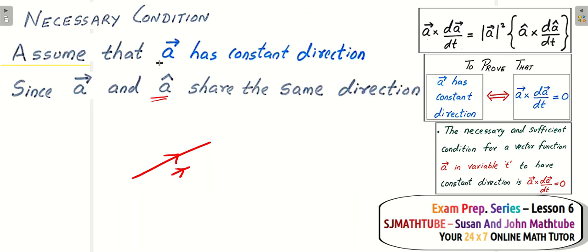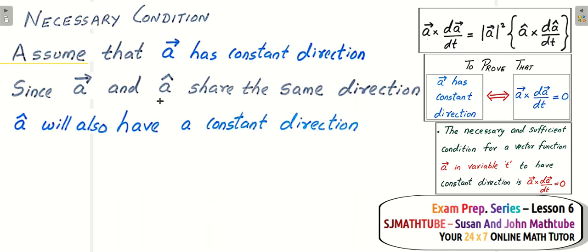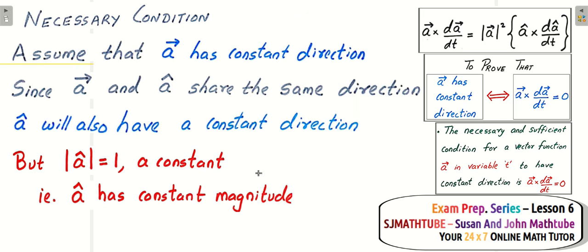So if the original vector has constant direction, then definitely the unit vector will have constant direction. But by the way, modulus of a unit vector is 1 and 1 is a constant. Oh, that means A cap has constant direction as well as constant magnitude.